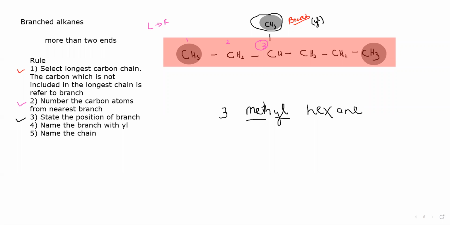So the name of this compound is 3-methyl hexane. 3 is the position of the branch. Meth is for the number of carbon atoms in the branch. YL because it is a branch, and hex because there are 6 carbon atoms.